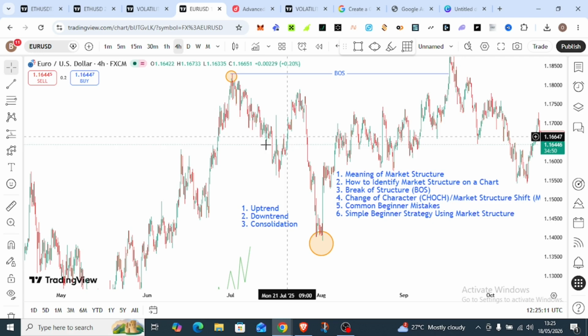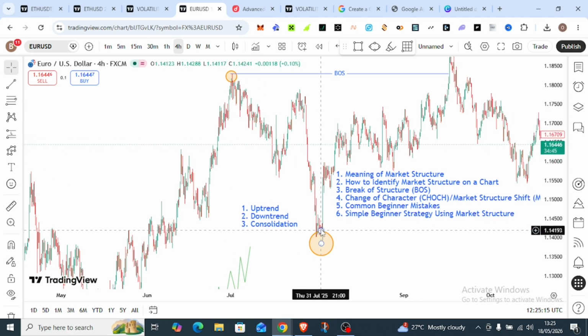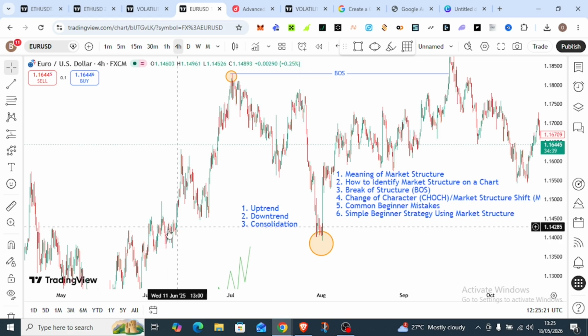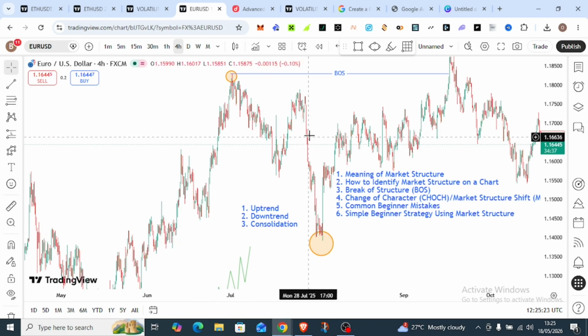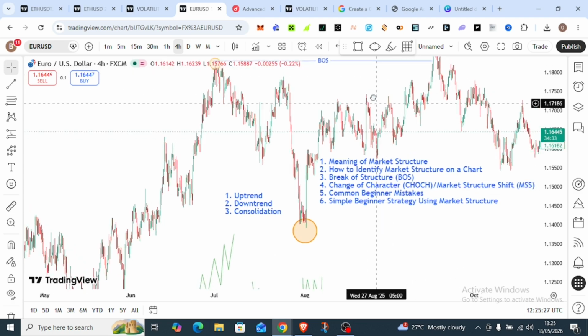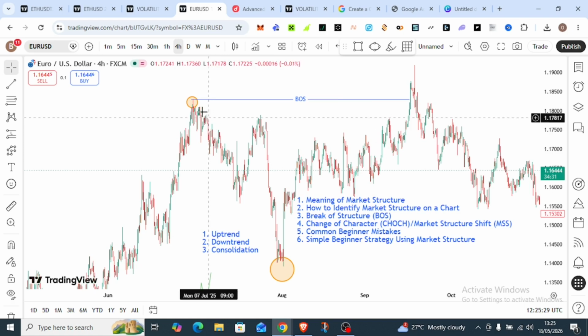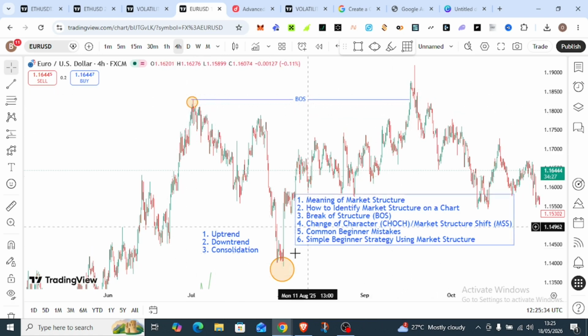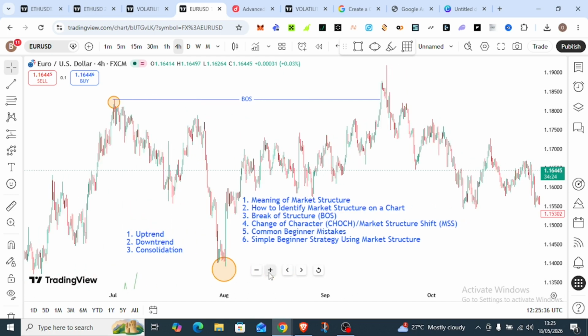It comes down to take out this inducement and touch this other block and move up to break this structure here. That's why we have this higher high and higher low, and there is a break of structure here. Let me zoom it out so that you can see it clearly.